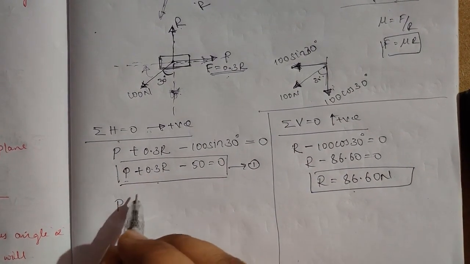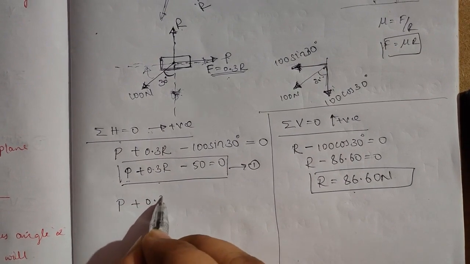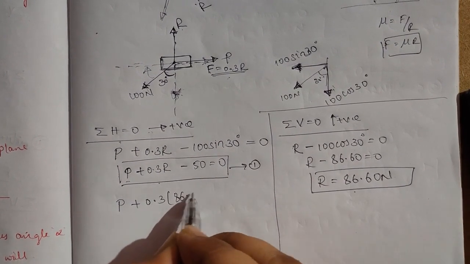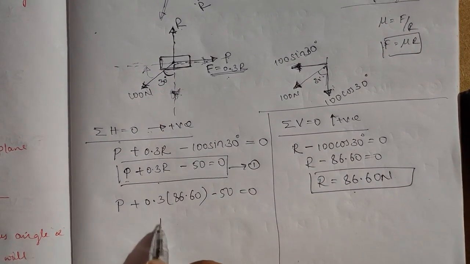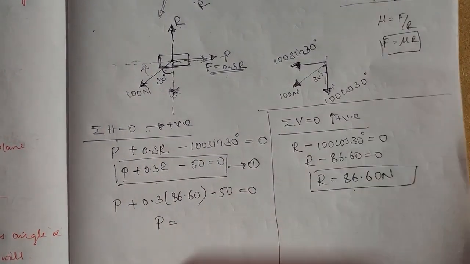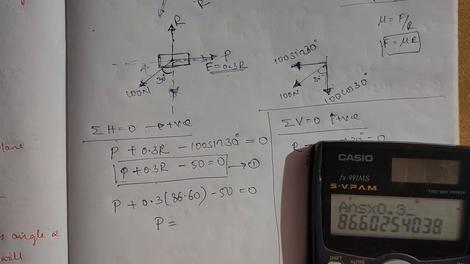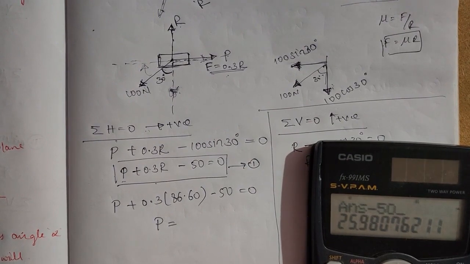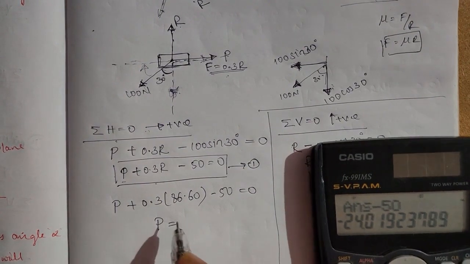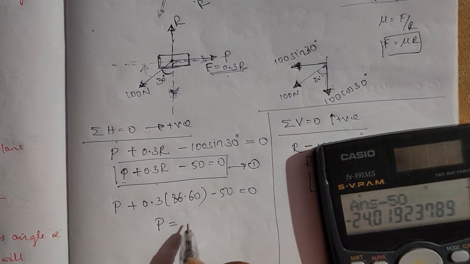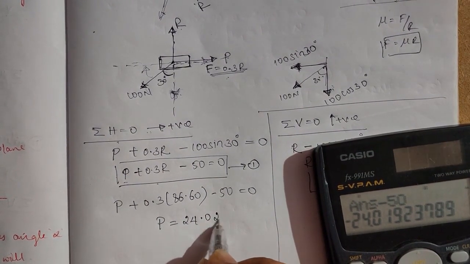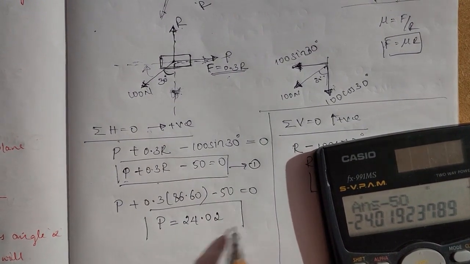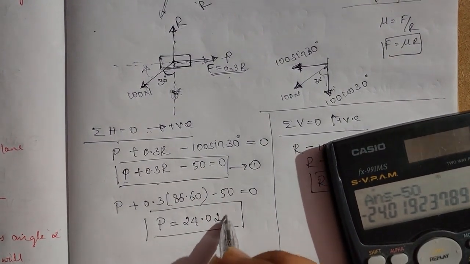Therefore we know R. Now we can find P. P plus 0.3 into 86.60 minus 50 is equal to 0. So the value of P will be 24.02 Newton.